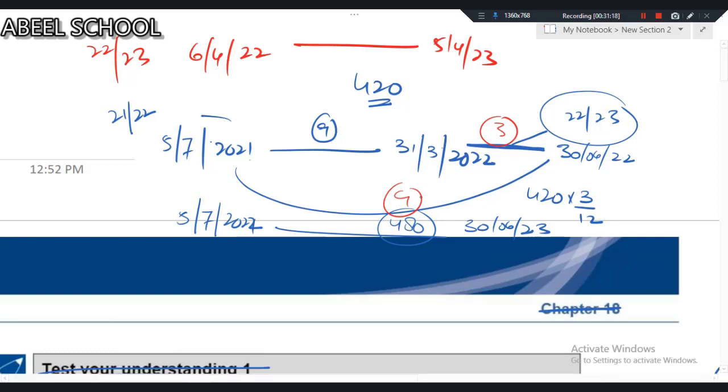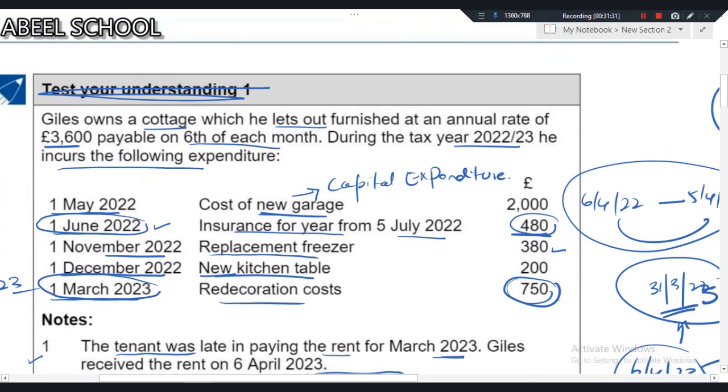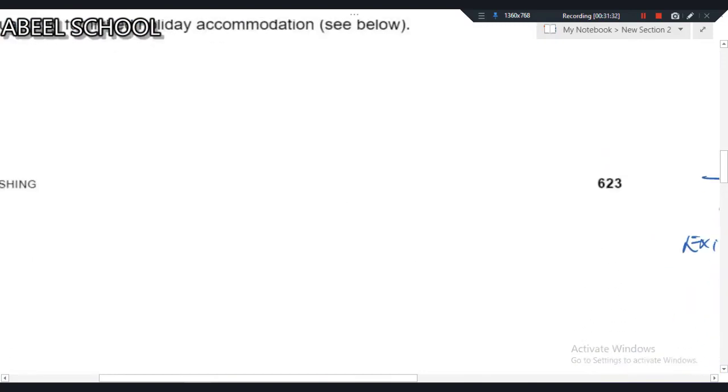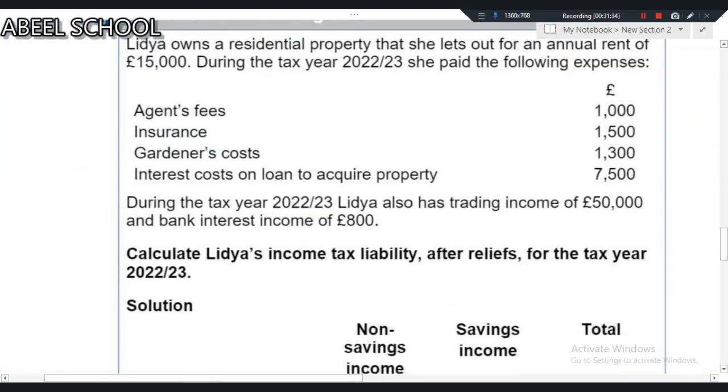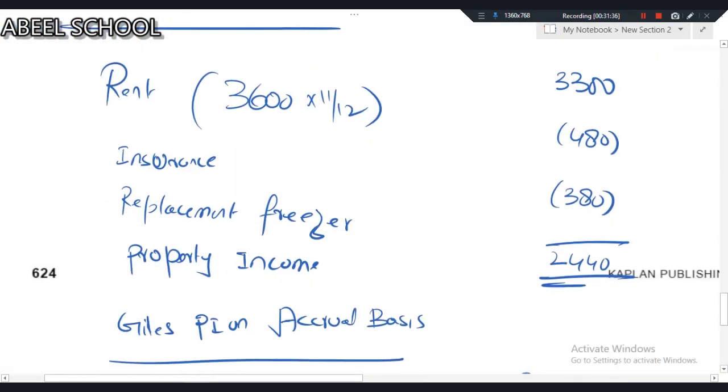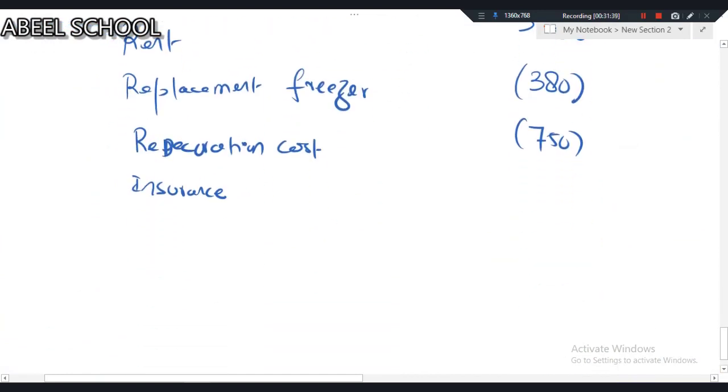Now we are time apportioning the insurance, that is, exactly how many months of the insurance fall in the relevant tax year in which we are solving the question, because we are solving the question on accrual basis. So 480 will take 9 months, 420 will take 3 months.